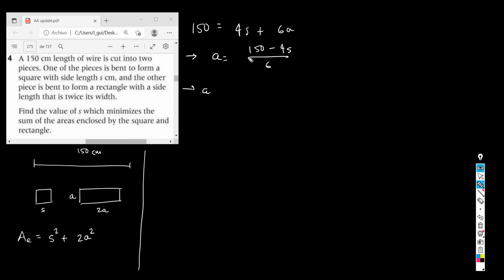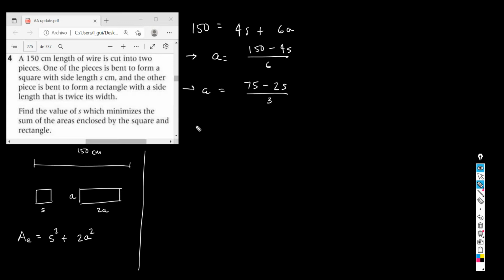I can simplify a little bit before I do anything else. We can divide both sides over 2 in order to get 75 minus 2S over 3.